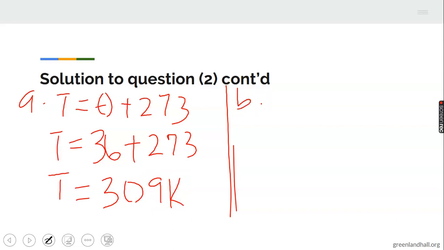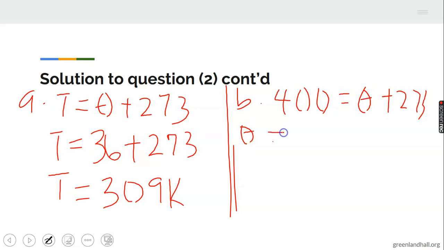So question B says, when you have 400, that is 400 equals theta plus 273. That means your theta is 400 minus 273. That should give you 123. 123 degrees Celsius. That's the answer.